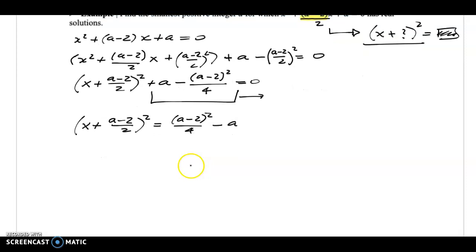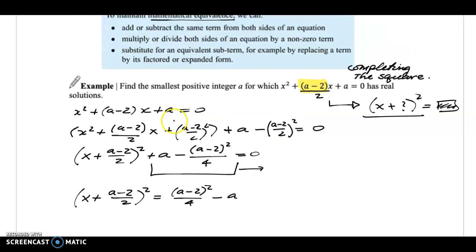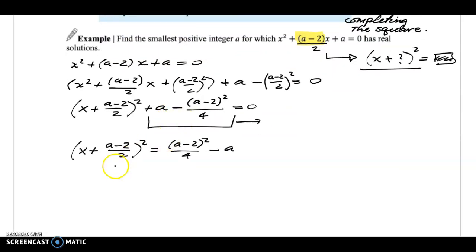There we go. Now, let's say this is your p of a, and this is your q of a. These two would be equal. That's basically the idea that we're trying to get to. What we want to know is the smallest positive integer. So a has to be some element of integers for which this statement is true.